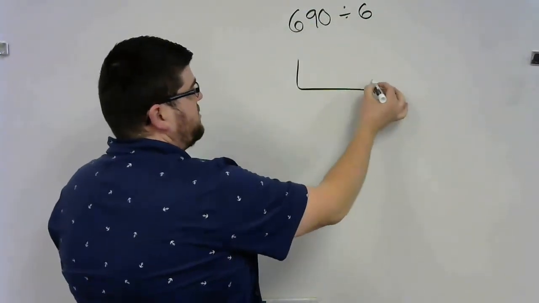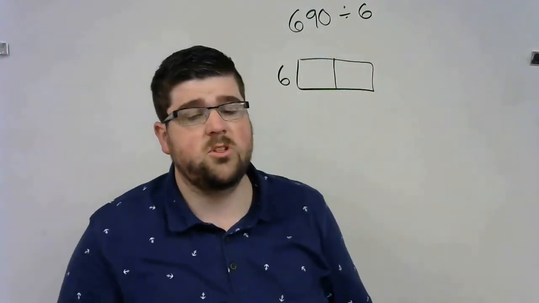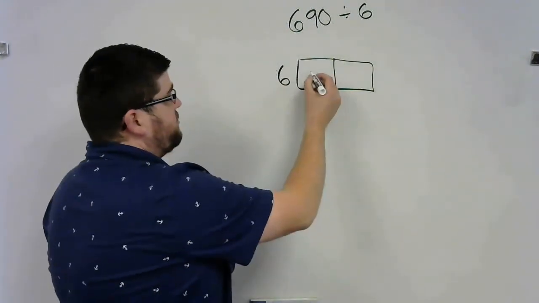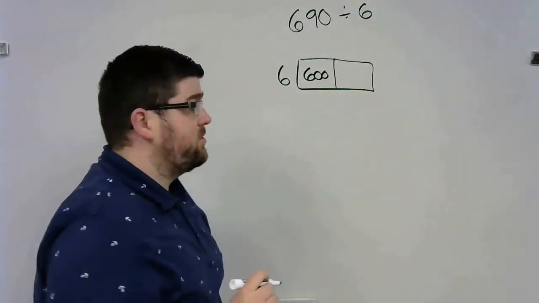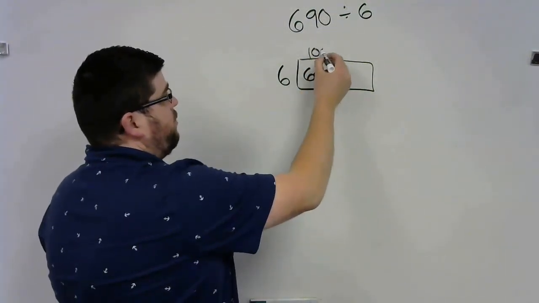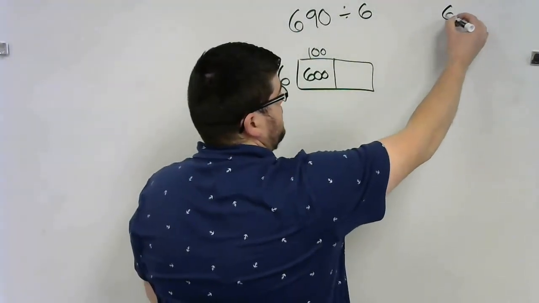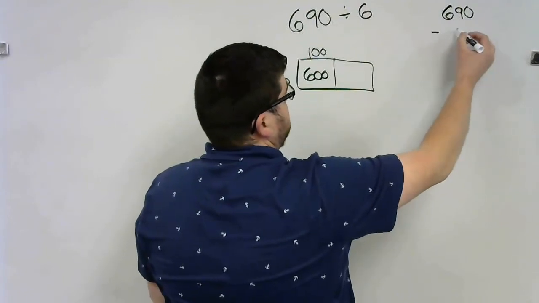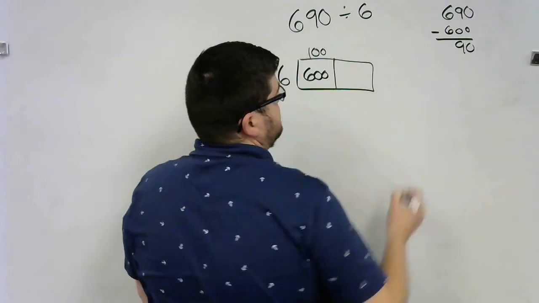So I'm going to draw my two boxes, divide by 6. I'm going to always use multiples of 10 or 100 whenever I can. So in this first box, I'll put 600 because that's less than 690. So 6 goes into 600 100 times. And maybe I'll do the subtraction way for those of you that want to see how that works. So that would be 690.